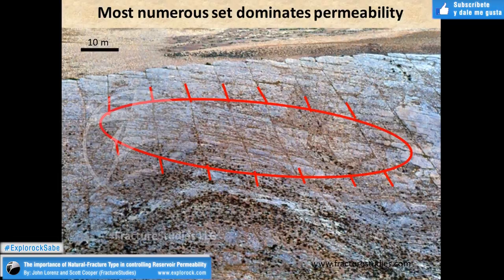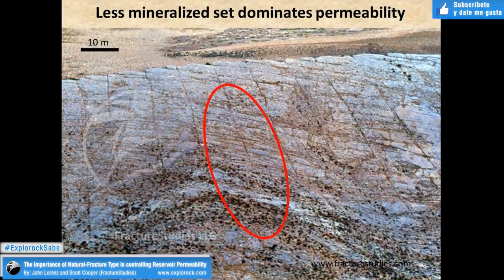And if that's the case, if that closely spaced set of fractures is mineralized, fluids aren't flowing through there nearly as well as they may through that secondary, more widely spaced set of fractures if they're less mineralized. So then we have an anisotropic drainage that is parallel to this more widely spaced set of fractures.